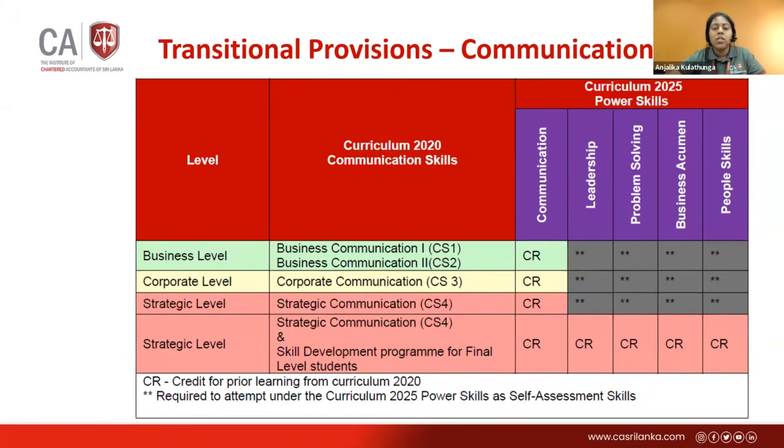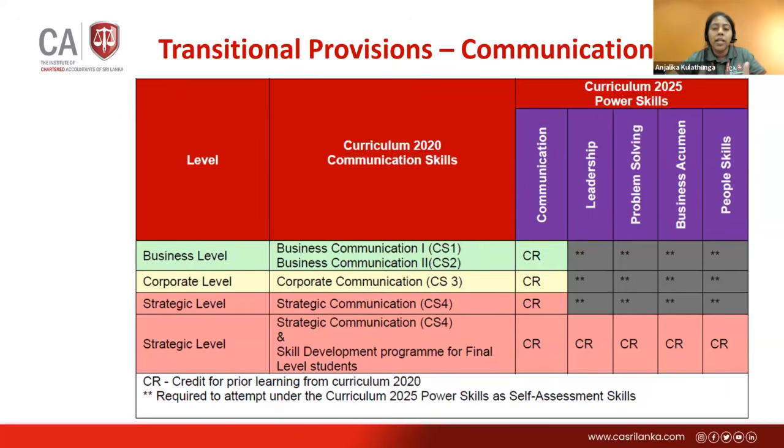Students are also asking what the exemption application process is. I must say there is no special exemption application process. What you need to do is register, and we will internally verify whether you have completed those communication skill courses.